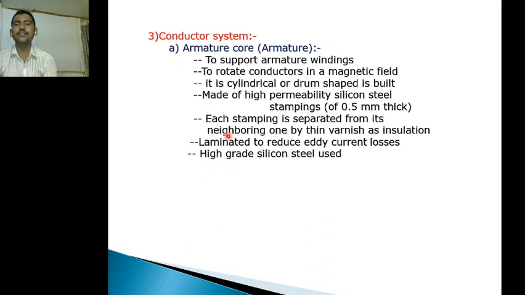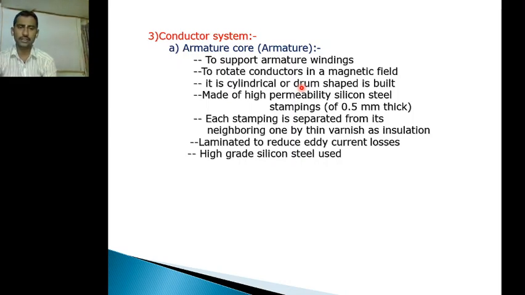So the laminations reduce the eddy current losses, and these are made of high grade silicon steel.